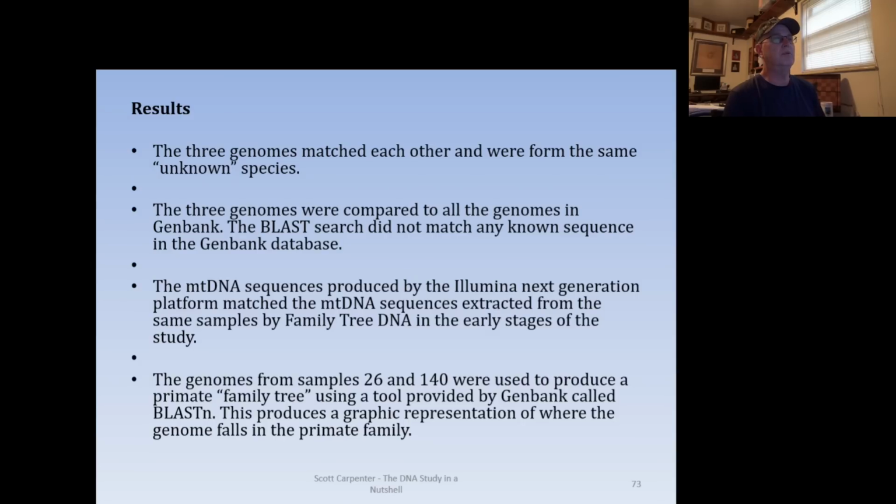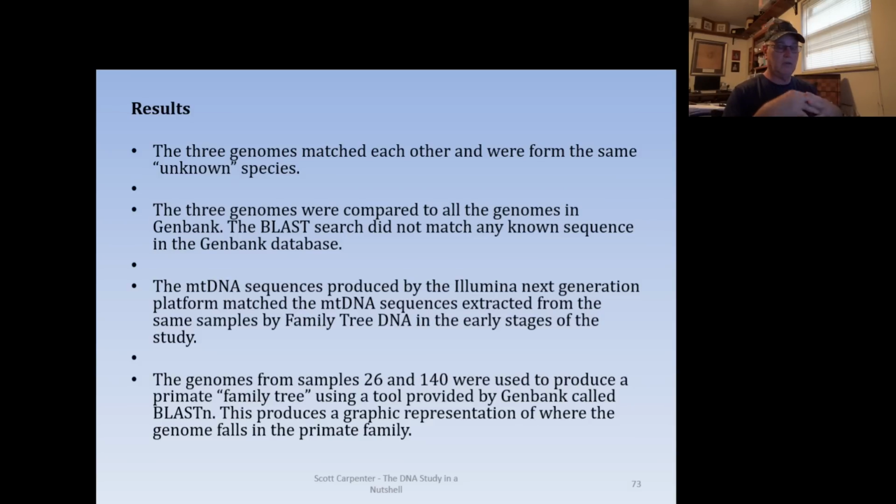The sequences produced by the Illumina Next Generation platform match the mitochondrial DNA sequences extracted from the same samples by Family Tree DNA in the early stages of the study. In other words, they went back and compared the mitochondrial DNA from Family Tree DNA with what was extracted by the Illumina machine, and they matched.